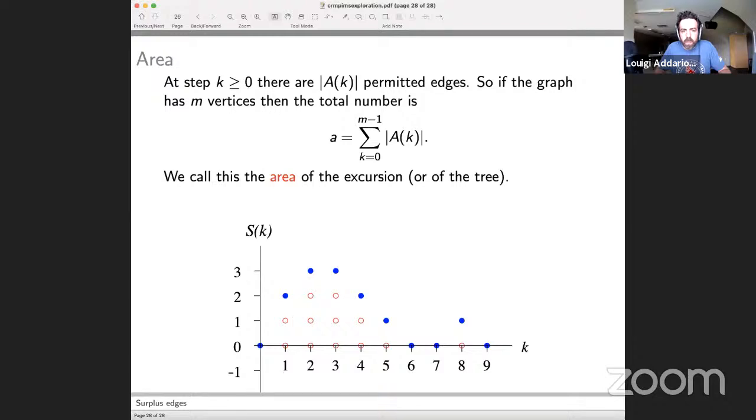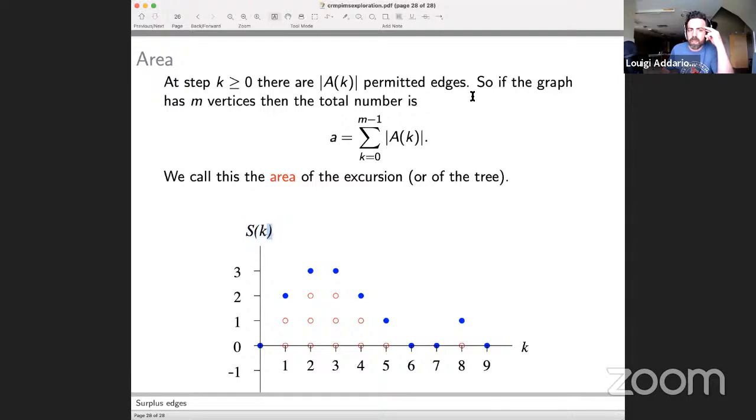Okay, so if you followed that description, then you should see that the edges you can add to this tree without changing the depth first tree precisely correspond to the lattice points under the excursion S_K, so under the depth first Q process.